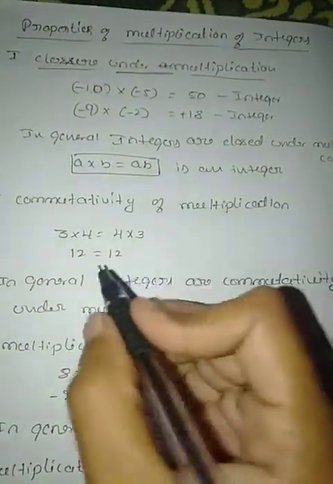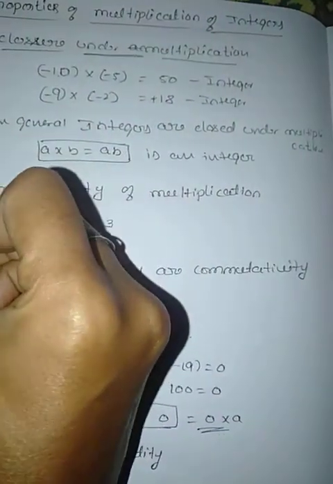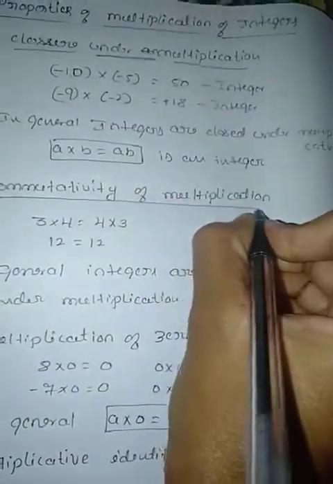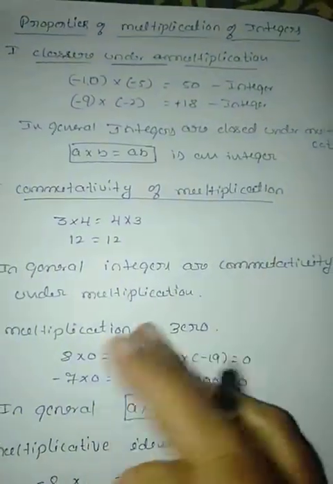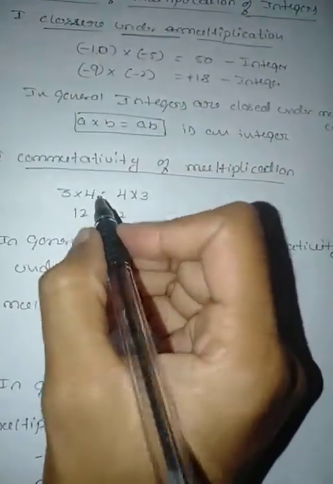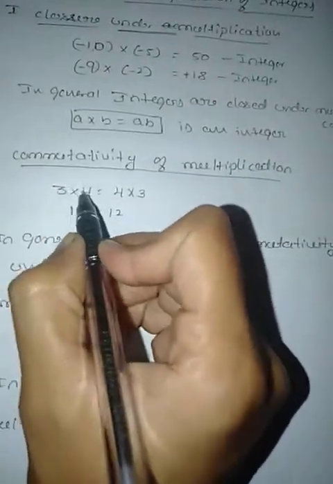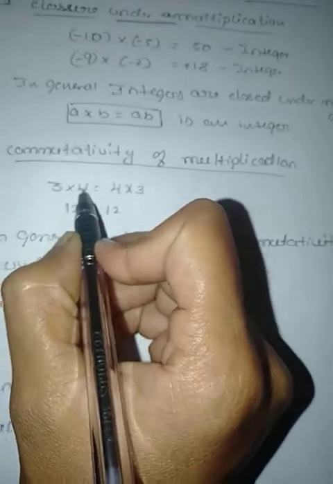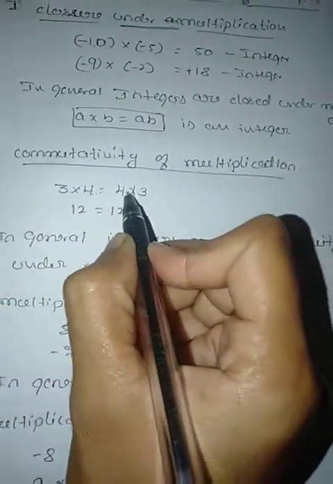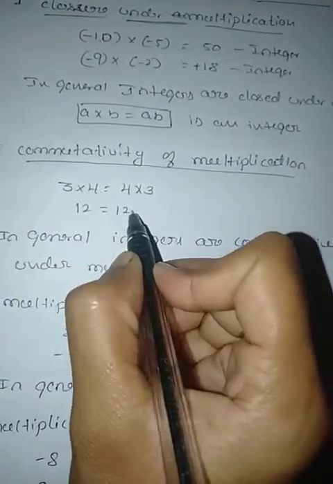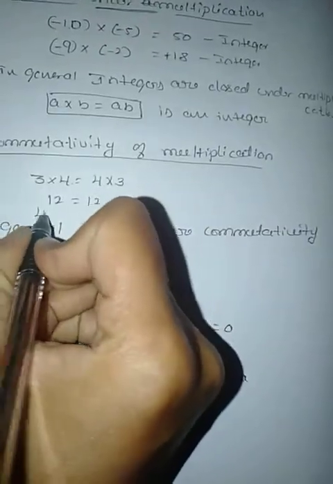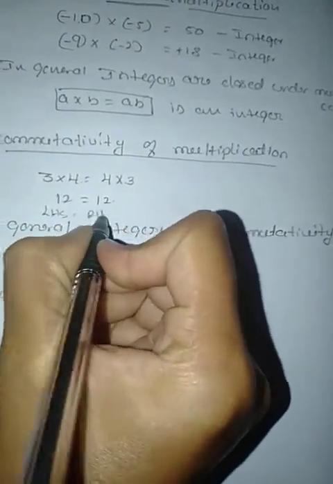The second property is commutative property of multiplication. Here also I'll take two integers, that is 3 into 4. 3 into 4 is 12. Commutative means 4 into 3 is also 12. That is LHS is equal to RHS.